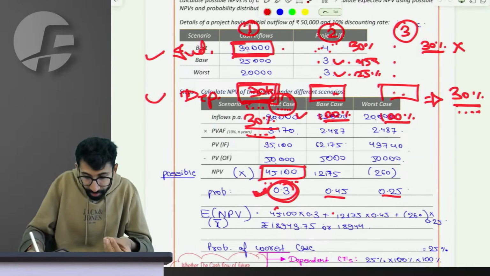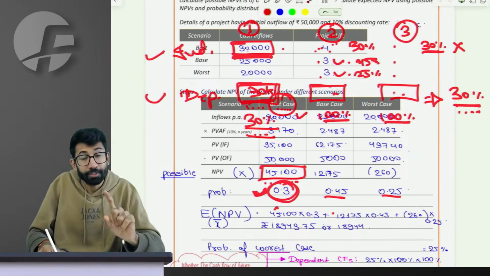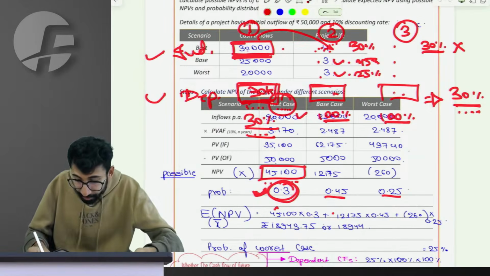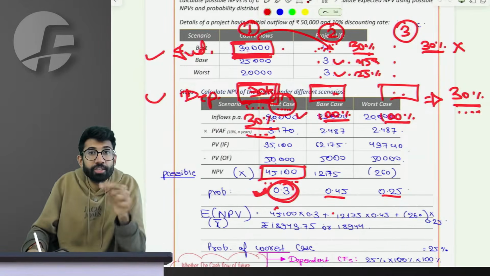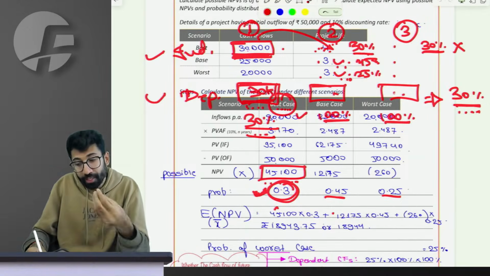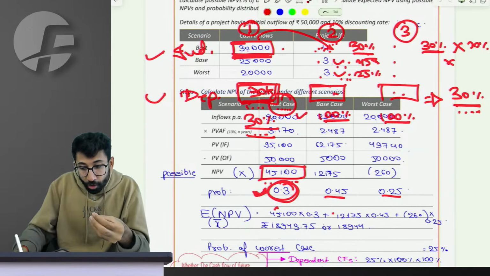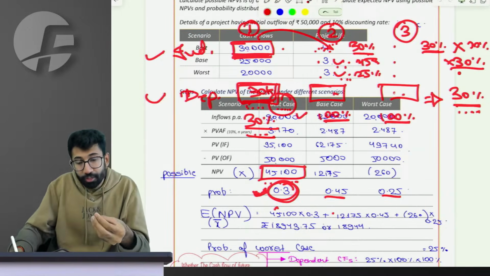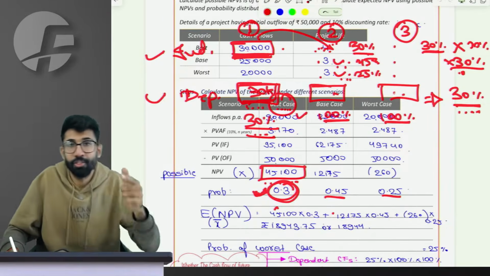So in the first year I get 30,000 with 30% chance. Of that 30%, I will have only 30% chance to generate 30,000 even in the second year, because I may generate something else as well. And similarly, of that will be the chance of generating 30,000 in the third year.